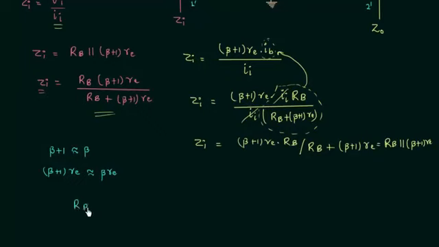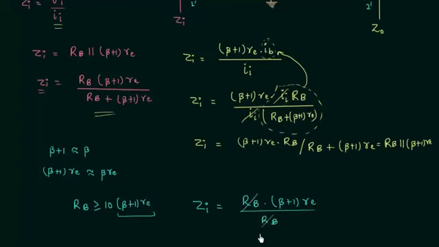And if resistance Rb is greater than or equal to 10 times beta plus 1 Re, we can neglect beta plus 1 Re from the denominator, and the input impedance is equal to Rb multiplied with beta plus 1 Re divided by resistance Rb. Rb will cancel out, and Zi is now equal to beta plus 1 Re, and this is when the resistance Rb is greater than or equal to 10 times beta plus 1 Re.